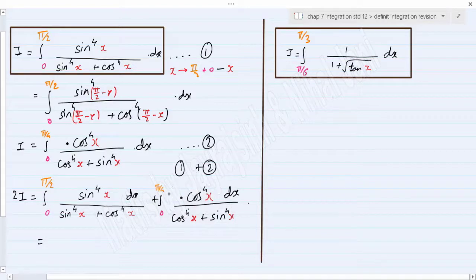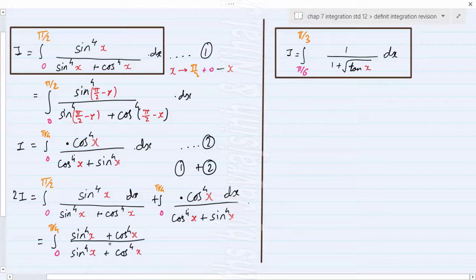So the limit is the same and the denominator is also the same, so we can add the numerators directly. So here we'll get sin x raised to 4 plus cos x raised to 4. Our denominator will be as it is, dx.